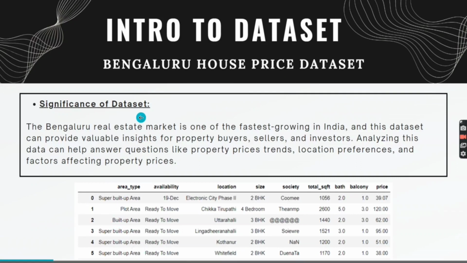The significance of the dataset: the Bangalore real estate market is one of the fastest growing in India, and this dataset can provide valuable insights for property buyers, sellers, and investors. Analyzing this data can help answer questions like property price trends, location preferences, and factors affecting the property prices.